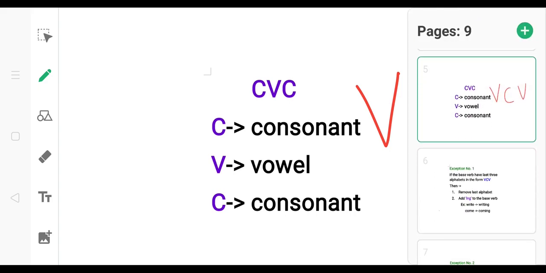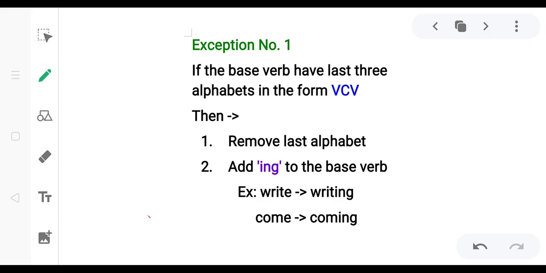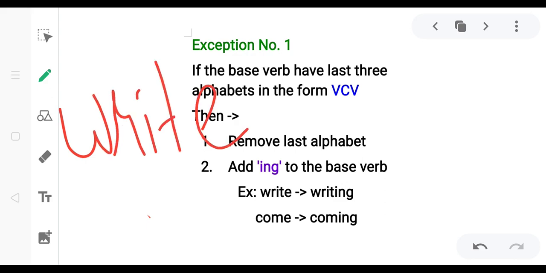So moving further to the first exception. Exception number 1 says, if the base verb has its last three alphabets in the form VCV, for example the base verb write, W-R-I-T-E, we have to check the last three alphabets to see if they are in the form VCV. The last three alphabets are ITE, which means I is a vowel, T is a consonant, E is a vowel.